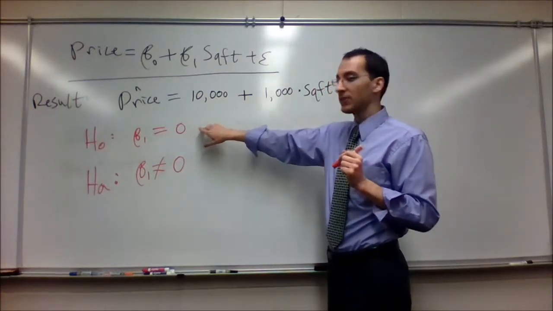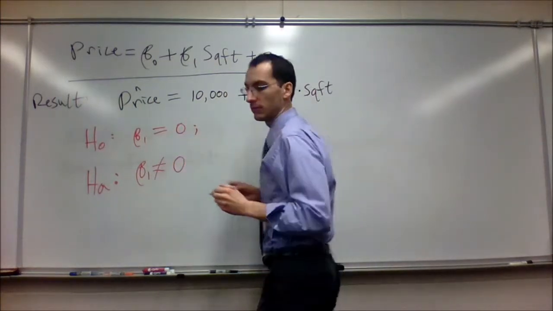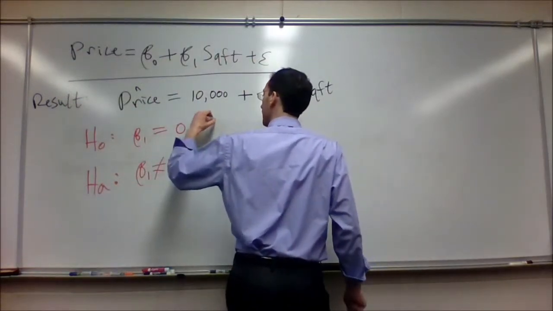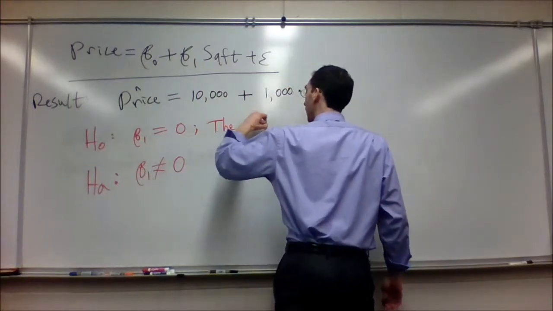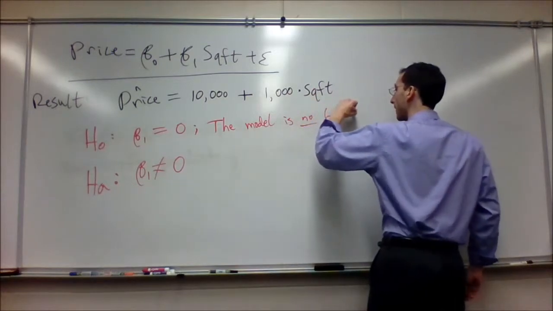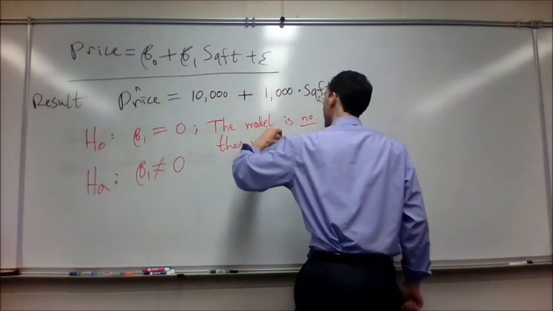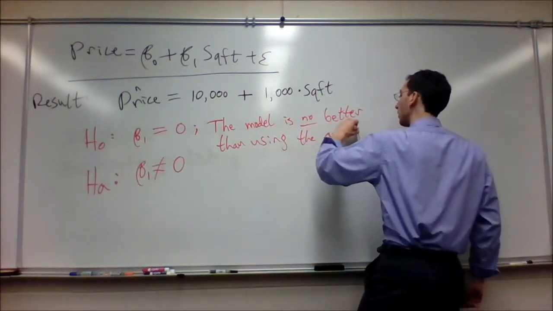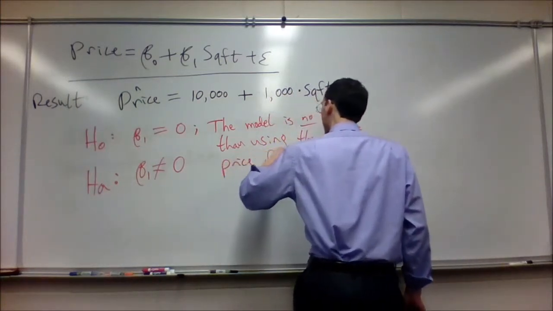In words, what this null hypothesis is saying is that the model is no better than using the average price for every house.